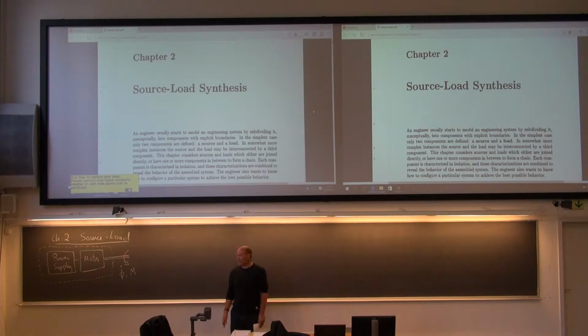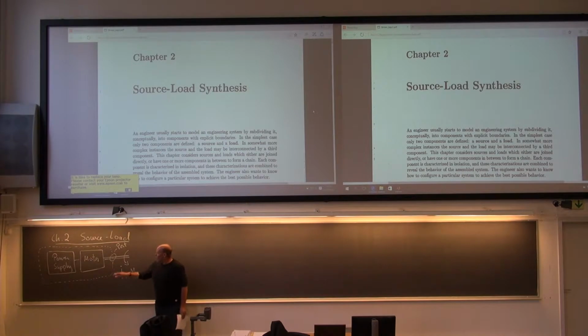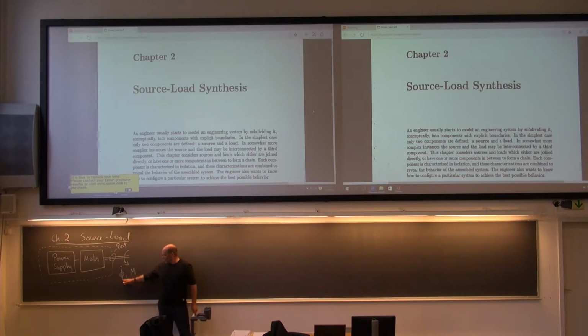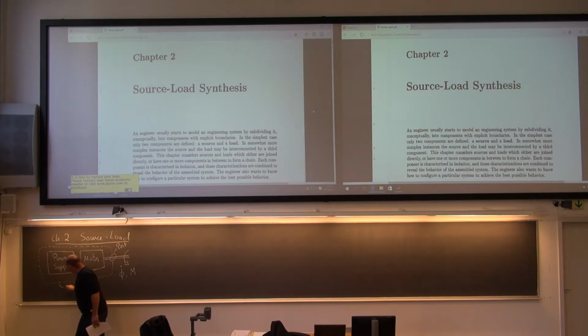Sort of a black box. I don't care what's going on inside there. I'm only interested in what happens through this port, where now my source will provide me with rotational speed and torque. So here we call this one a source.